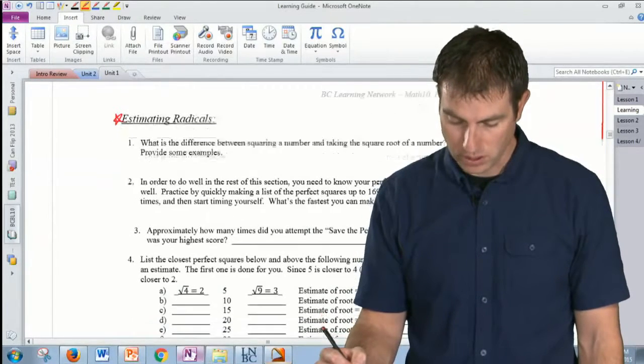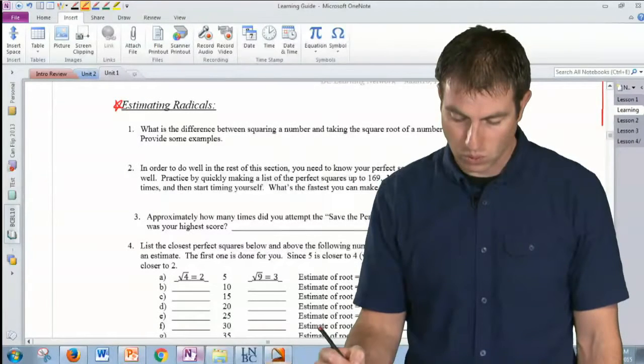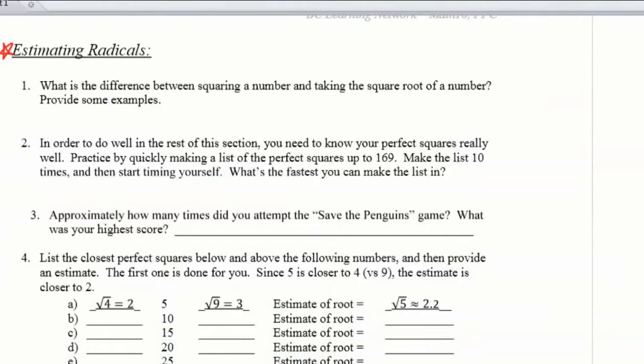Estimating radicals, number 1. What is the difference between squaring a number and taking the square root of a number? So squaring a number, if I had, say, 3, if I squared it, I'd go 3 squared. And that just means 3 times 3, which is equal to 9. If I were to take the square root of a number, I'm asking what number multiplied by itself gives me 9.